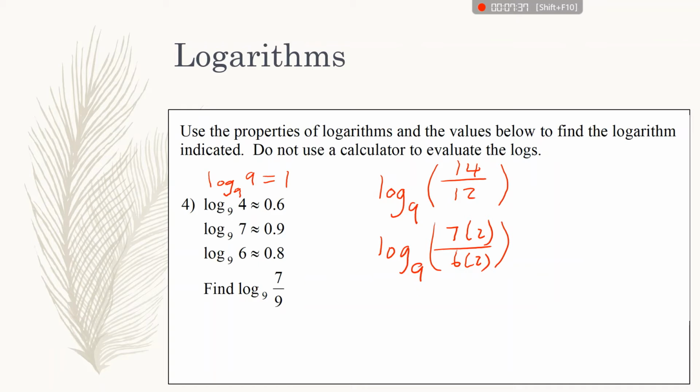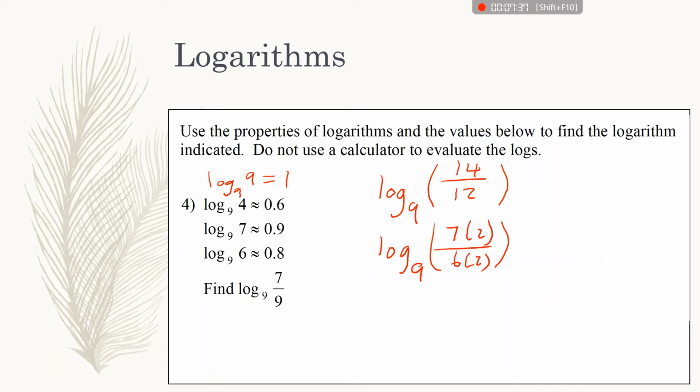So I could say something like this. Log base 9 of 7·2 over 3·2 gives me 7 over 6. Oops, missing one. If I multiply by 2 on top, I'm going to have to do the same on bottom. So I've got 7·4 over 6·4.